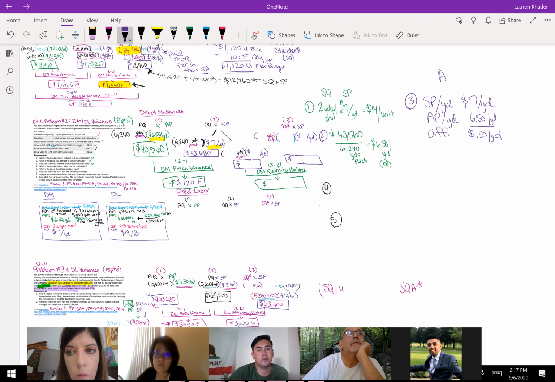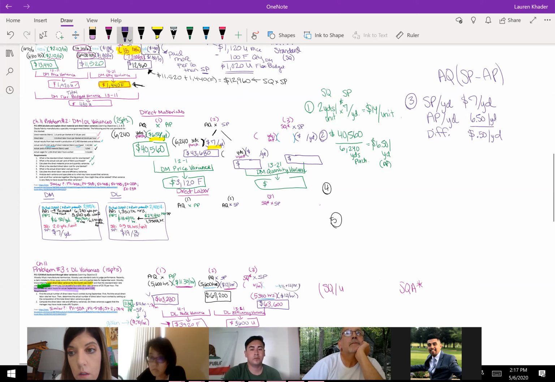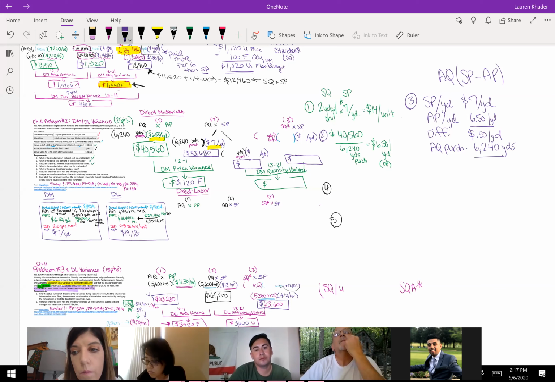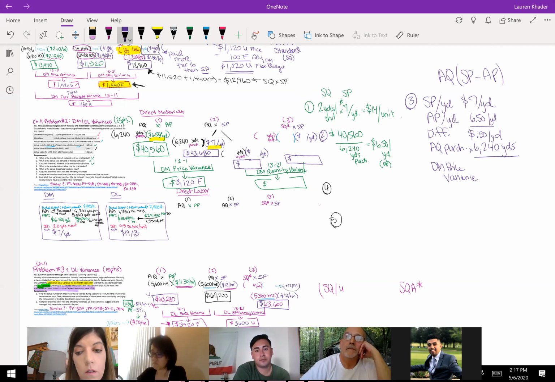Remember, this is the formula that they're going to ask you to use for that price variance: AQ times AP minus SP, or vice versa, multiplied by the actual quantity purchased, 6,240 yards, to get the direct materials price variance that we just calculated, $3,120 favorable.